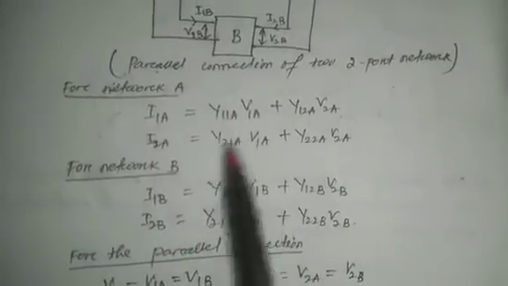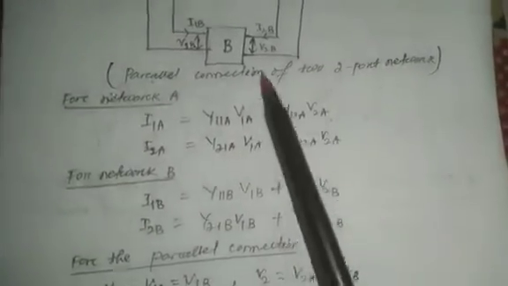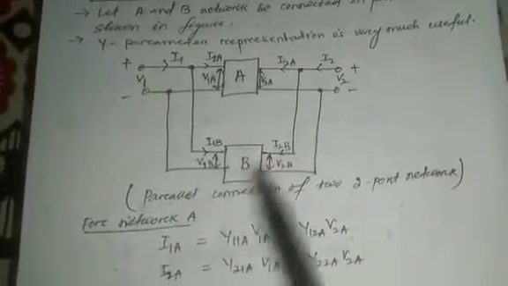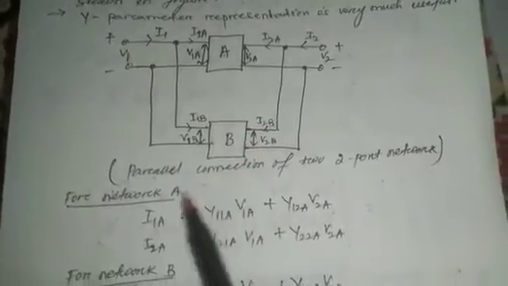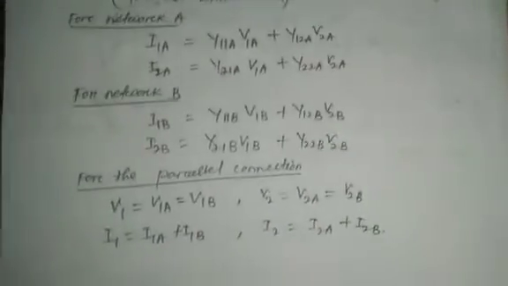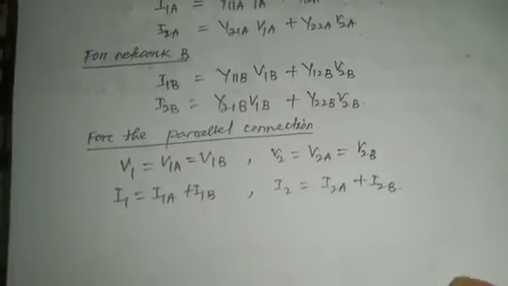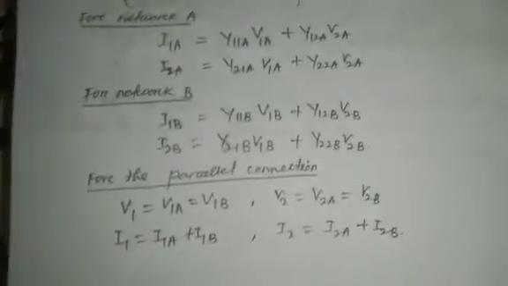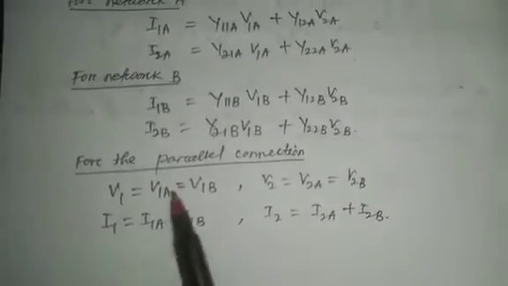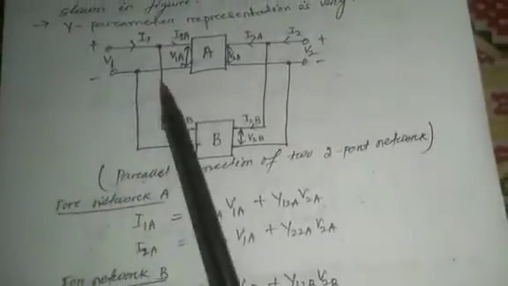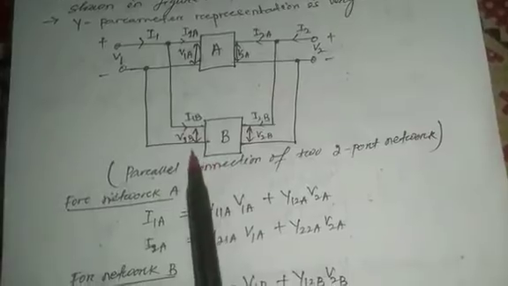The two networks, A and B, are connected in parallel in this manner. That is the parallel connection of two-port networks. And for the parallel connection, you get V1 is equal to V1A is equal to V1B.